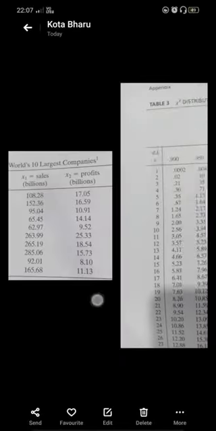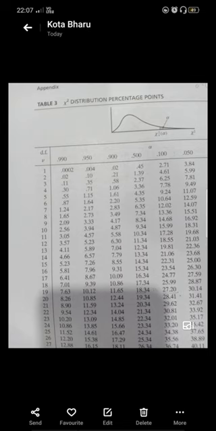So let's see here. It is given the mean vector x bar, and also the variance covariance matrix, and chi-square 2 0.5 is 1.39. This 1.39 you can find in the chi-square table.